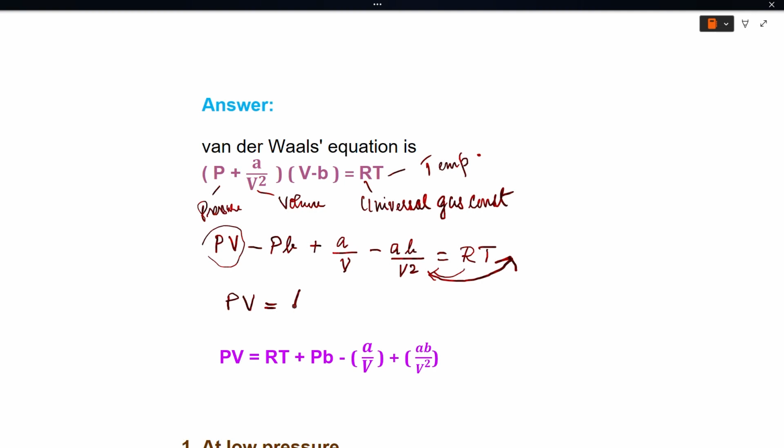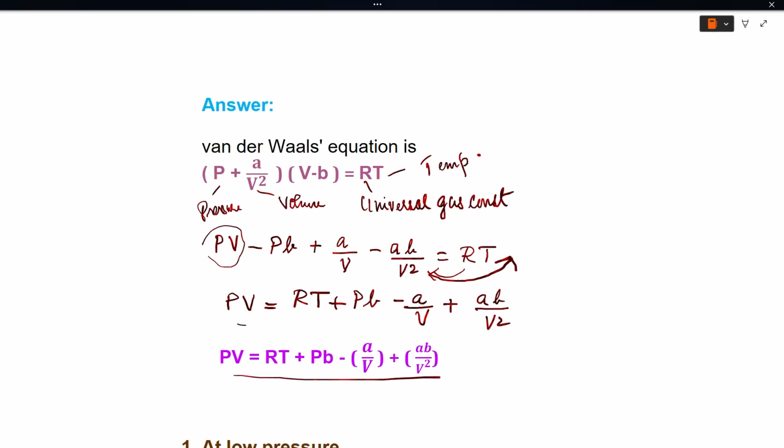So that will be PV = RT, and taking minus Pb to the other side, it becomes plus Pb, plus a/V goes to the other side, becomes minus a/V, minus ab/V², when it goes to the other side, that becomes plus ab/V². So, this is the equation we have arrived at.